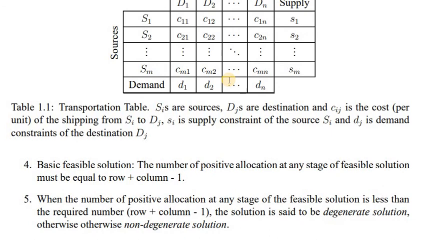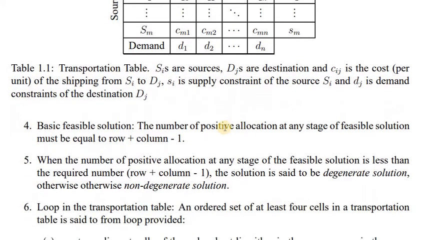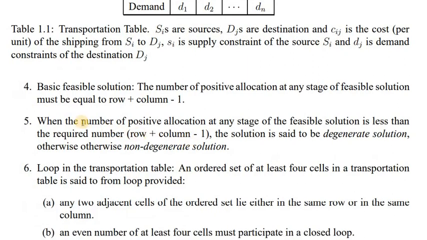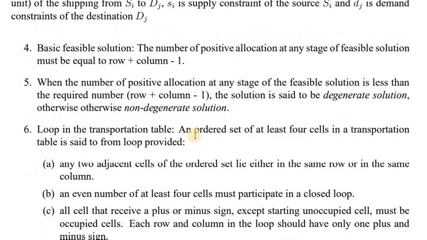To get a basic feasible solution, there must be number of rows plus number of columns minus 1 allocations. When the number of positive allocations is less than rows plus columns minus 1, we call it a degenerate solution; otherwise it is known as a non-degenerate solution.